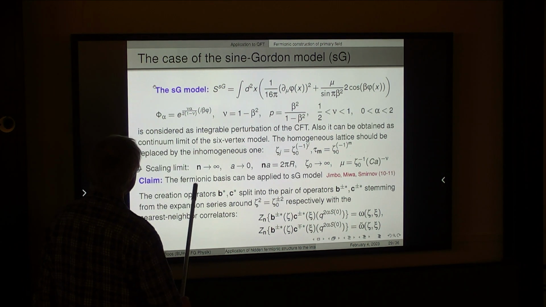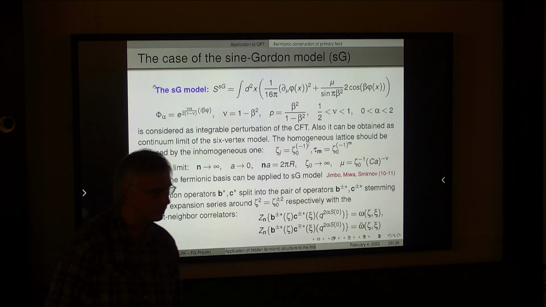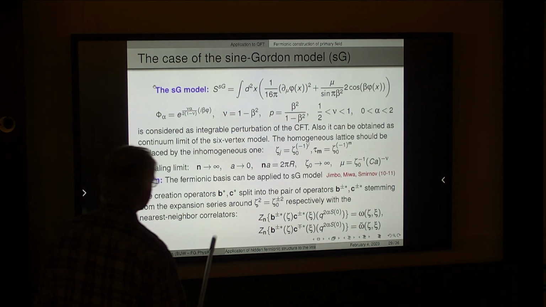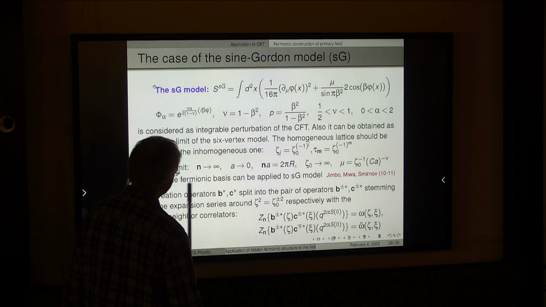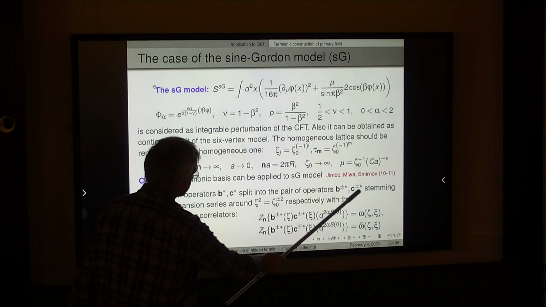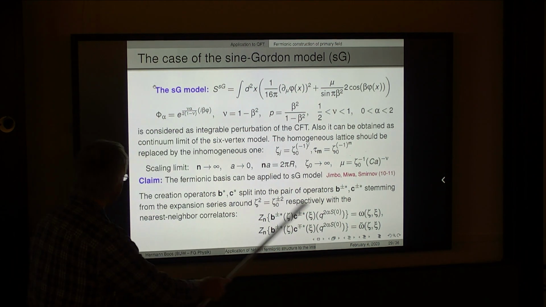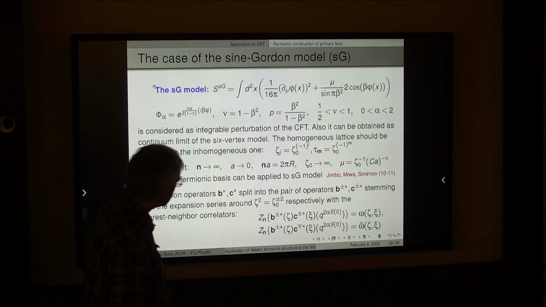So the claim was that the fermionic basis can be applied to the Sine-Gordon model also. So what to do? Actually this B star and C star split into a pair of operators B plus minus star and C plus minus star, stemming from expansion series around zeta naught power plus 2 or minus 2 respectively.